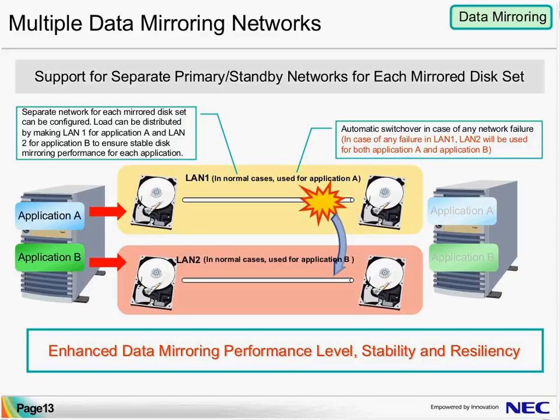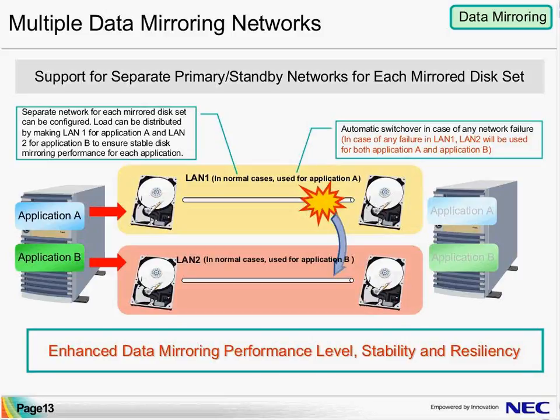Also, when that single data network link is disrupted, the data mirroring is disrupted until that mirroring network can be recovered. So in a sense, that is less resilient to network disruption.